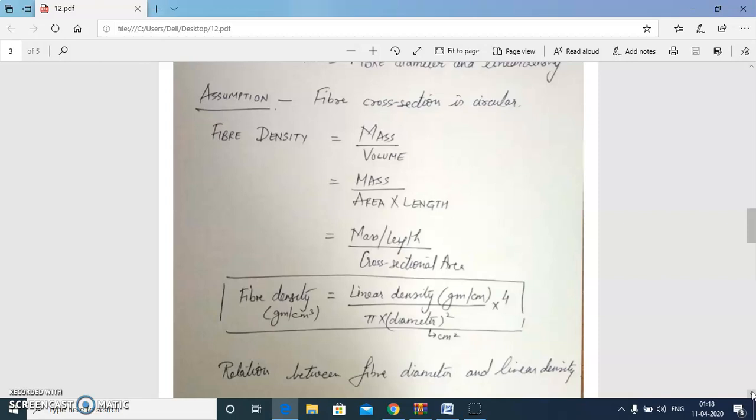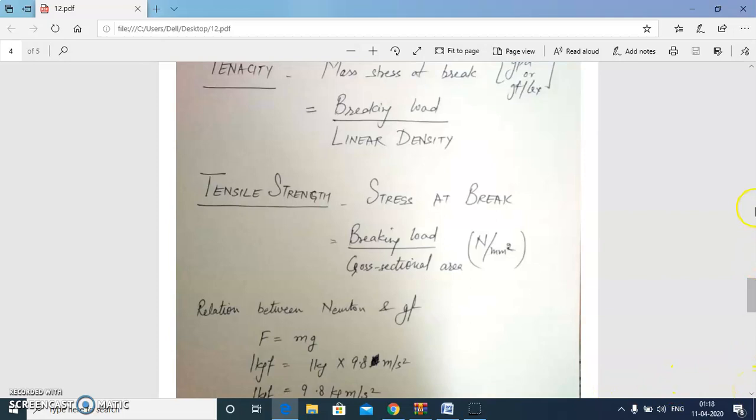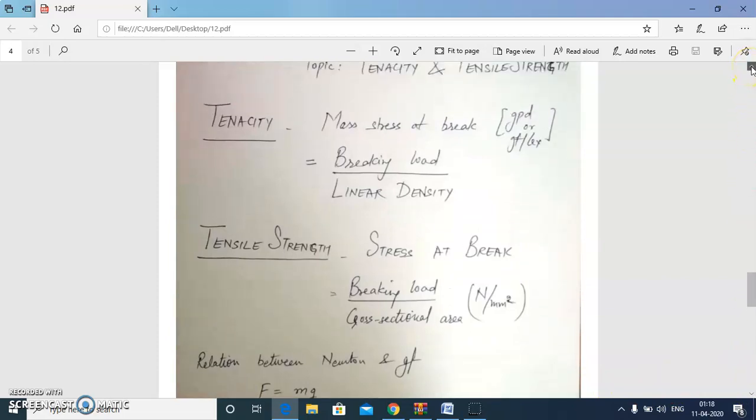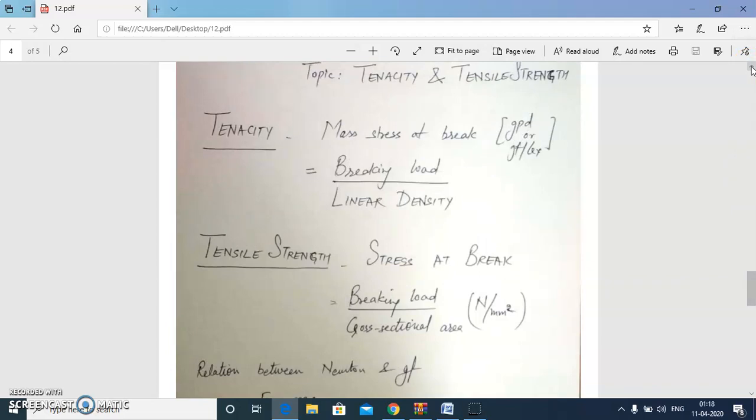So if we write mass per unit length in terms of linear density, we get this relation: fiber density is equal to linear density upon pi d square upon 4, which is the area of the circular cross section.